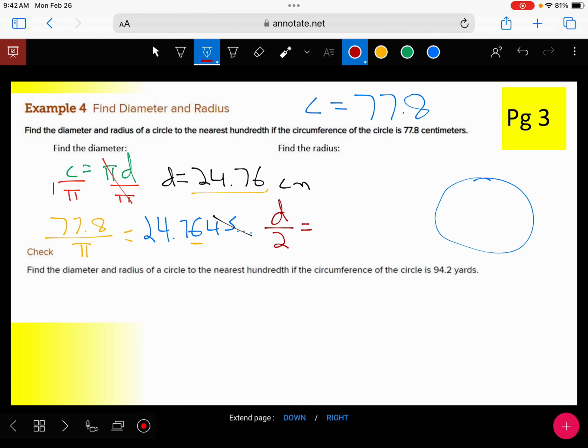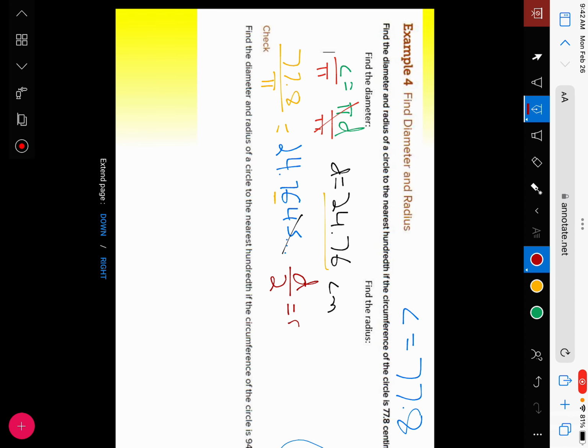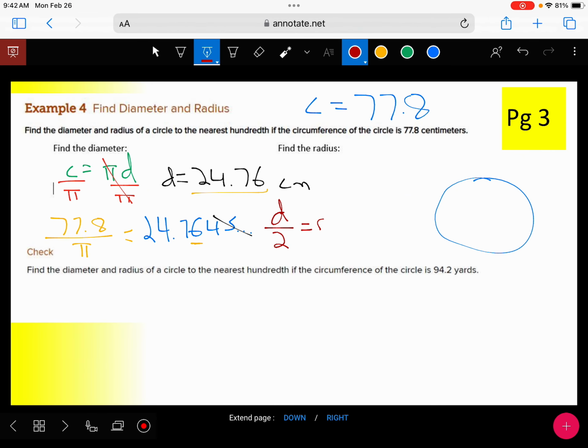D divided by 2 equals R. Were you able to get an answer? Awesome, great work. What was it again? 12.38.